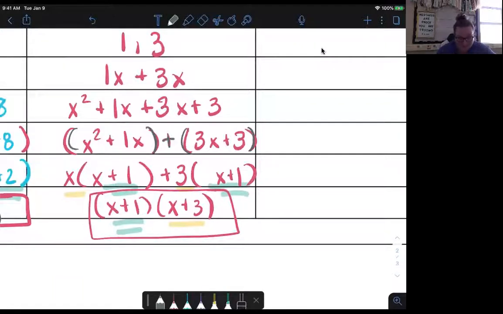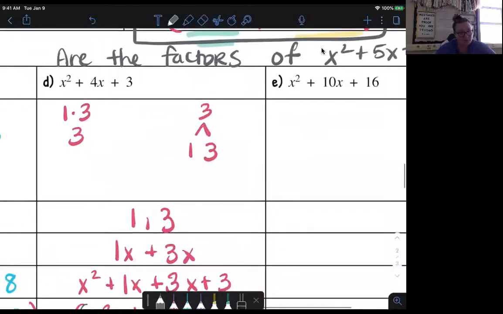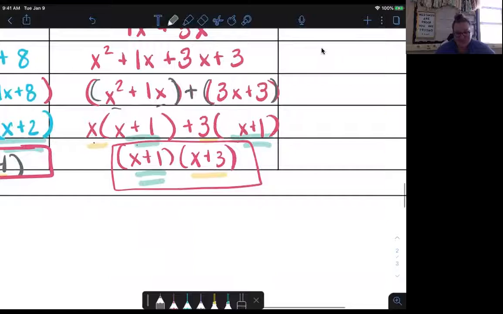And then I factored out an x from the first two terms. Then I factored out a 3 from the second two terms. I noticed that x plus 1 were in both sets of parentheses here. So that was my first factor. Then my second factor is x plus 3. What was left? So the factored form of x squared plus 4x plus 3 is x plus 1 times x plus 3. Remember, each of these are factors of x squared plus 4x plus 3.